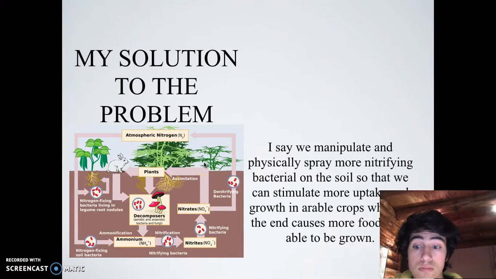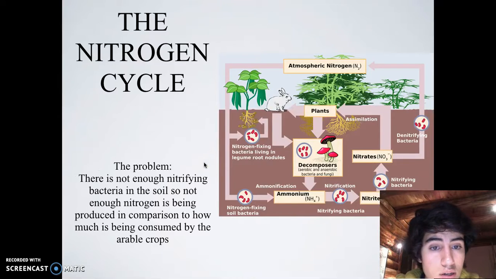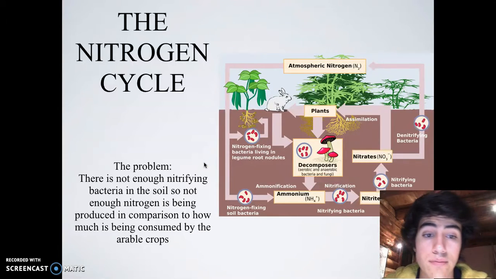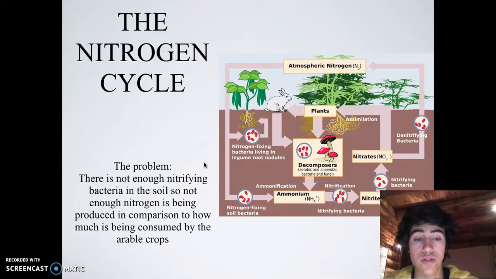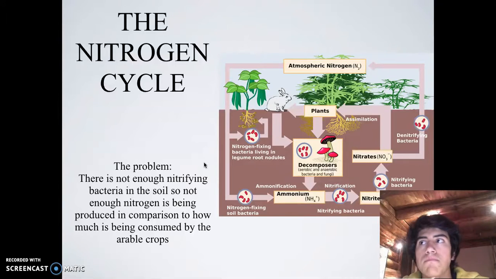Solution to my problem, going back to my problem, which was all the way back here, that there is not enough nitrifying bacteria in the soil, so not enough nitrogen being produced in comparison to how much is being consumed by the arable crops. Arable crops are crops that we humans make, like synthetic corn, that take up a lot of nitrogen.